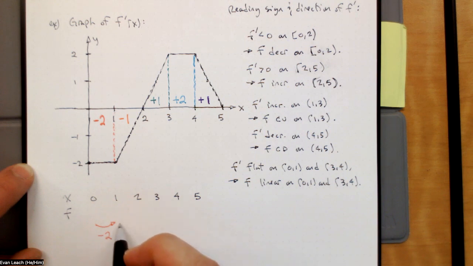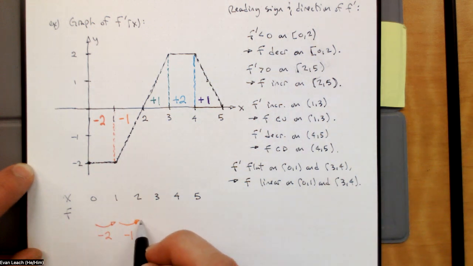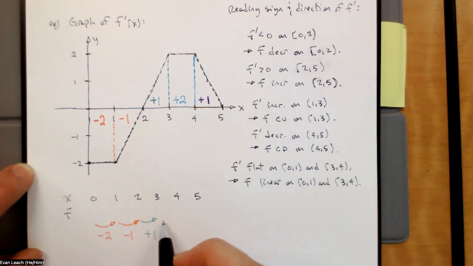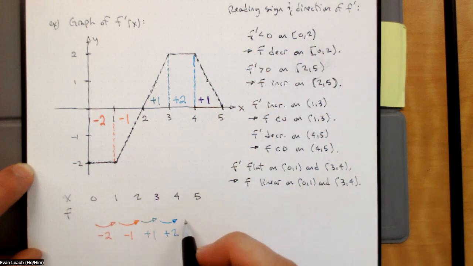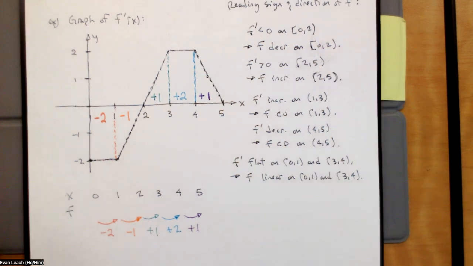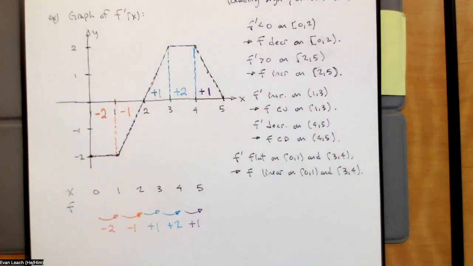From 1 to 2, we should see a decrease of 1. From 2 to 3, we'll see an increase of 1. From 3 to 4, we'll see an increase of 2. And then from 4 to 5, we'll see an increase of 1. Because the area tells us how much the function has changed. Why did I not fill in values for the function?